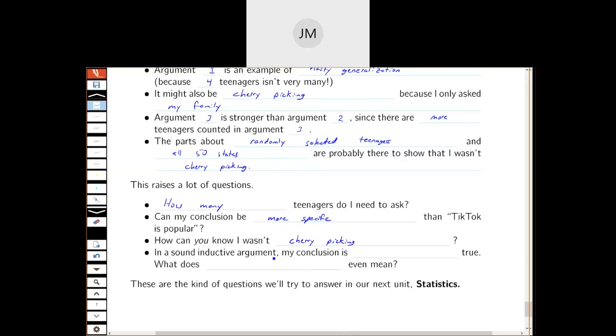In a sound inductive argument, my conclusion is probably true. That's something that we talked about right at the beginning, right? In deductive reasoning, if you have a valid argument and all your premises are true, okay, that's a sound, valid deductive argument, then the conclusion is certainly true. We said that with an inductive argument, if you have a valid argument and the premises are all true, the conclusion is probably true. What does probably mean?